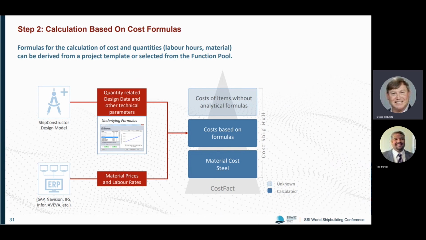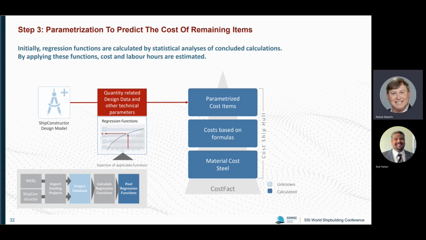And for the rest of the cost items which are not part of the parameterization, we can make use of regression functions, created in the first step across projects for all these remaining PBS elements or SLAPIS codes. We have the cost functions, which can then be applied to calculate the labor hours and the cost for all these remaining cost items. By doing so, the entire hull is calculated.